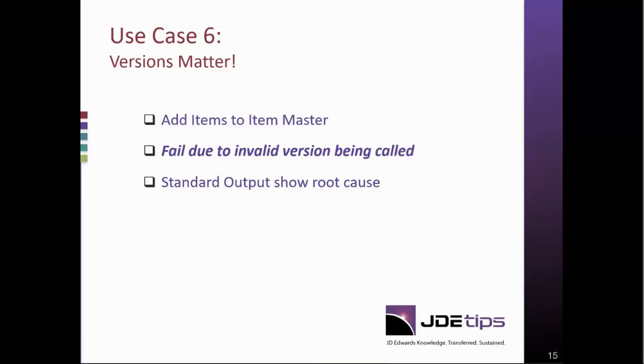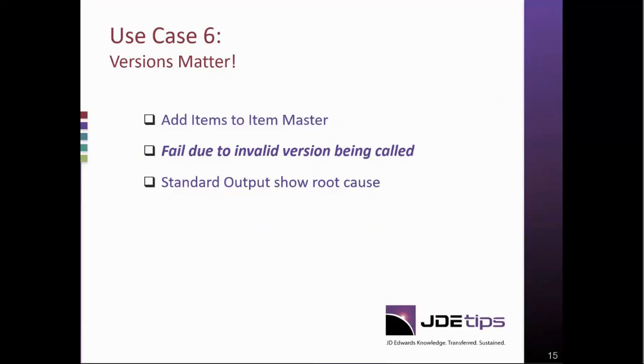We do. Okay, great. So use case 6, we venture off topic just a little bit from the error handling and validation that we'll get back to in a minute. But use case 6: versions matter, especially if you're doing anything with a form request, which we are when we're adding an item to the item master.